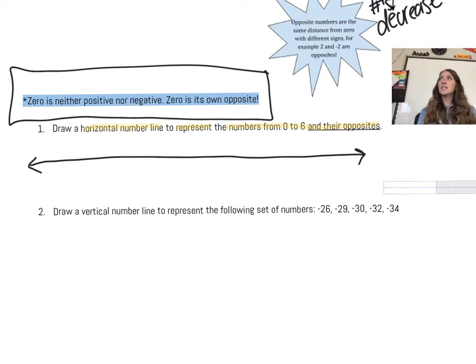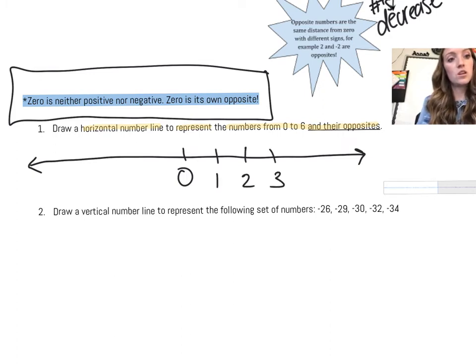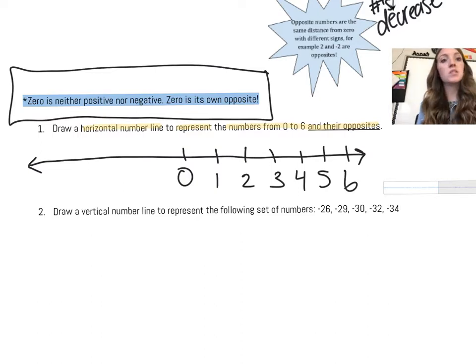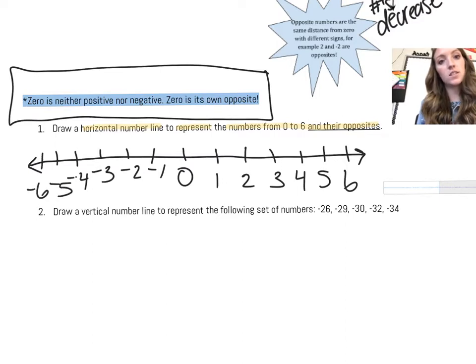If I'm representing the numbers from 0 to 6 and their opposites, that means I'm going to have positive and negative numbers on my number line. My middle point's going to be 0, and I want to show all of my positive numbers to 6. So 1, 2, 3, 4, 5, 6. And then the opposites of all of those numbers. So on the left side, I have negative 1, negative 2, negative 3, negative 4, negative 5, and negative 6.